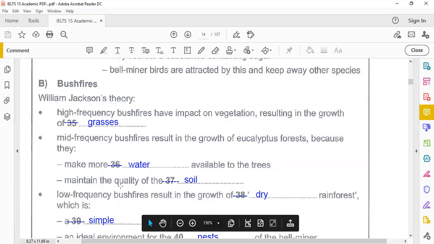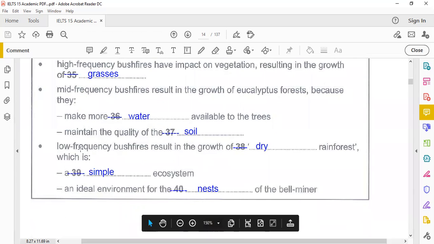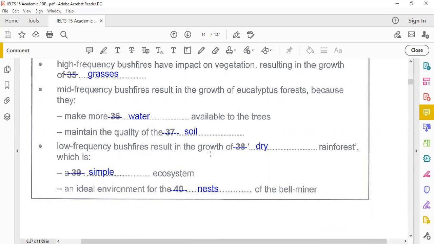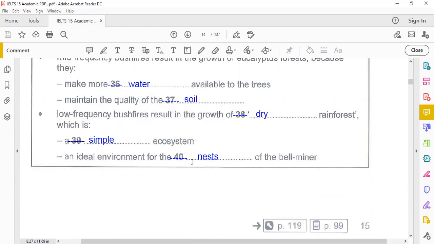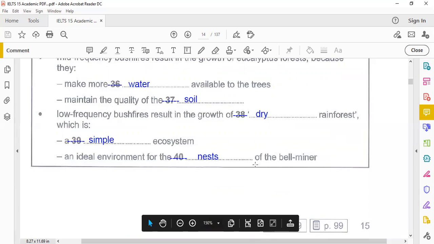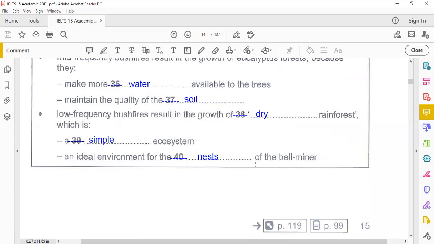They maintain the quality of the soil. And low-frequency bushfires result in the growth of dry rainforest, which is a simple ecosystem, an ideal environment for the nests of the bell miner. So this was the fourth part of the listening section in IELTS.